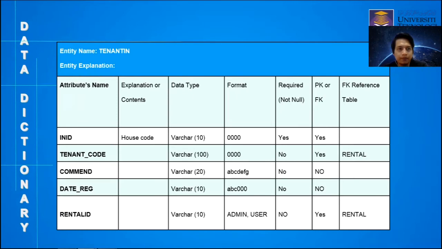Next, we have the tenant in table. So we have the in ID, the tenant code, the comment, date register, and rental ID. Here the primary key is the in ID, and tenant code and rental ID are the foreign keys, which reference the rental table.